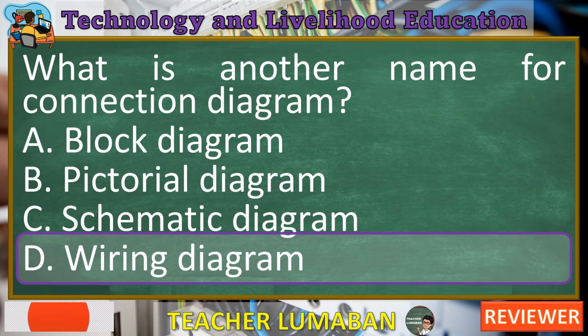C. Schematic diagram shows the electrical relationships between components using standardized symbols but does not typically show the physical layout or exact wiring connections. Therefore, a connection diagram is also known as a wiring diagram, making D, wiring diagram, the correct answer.